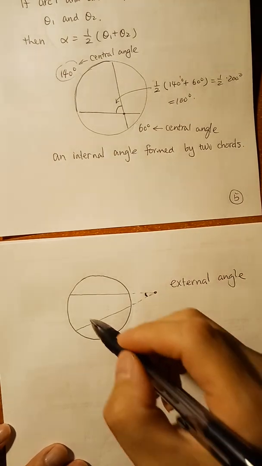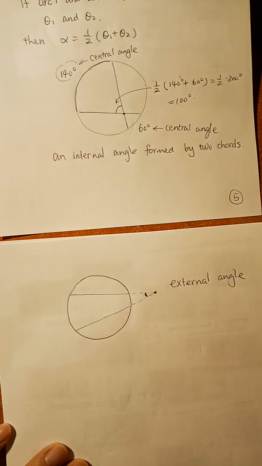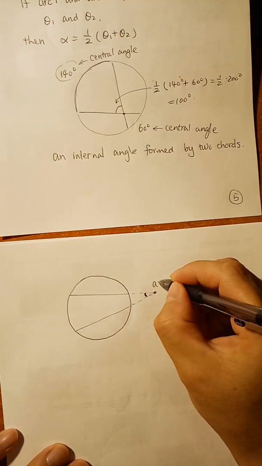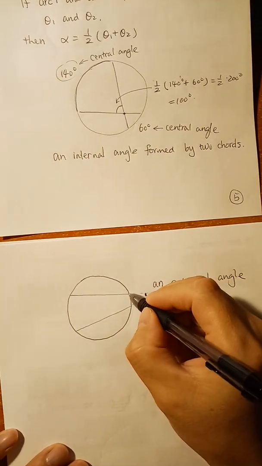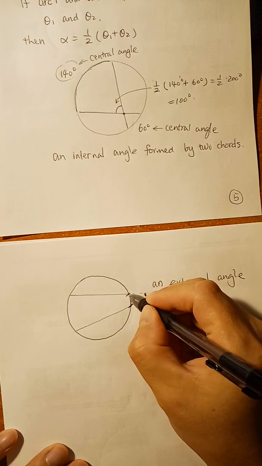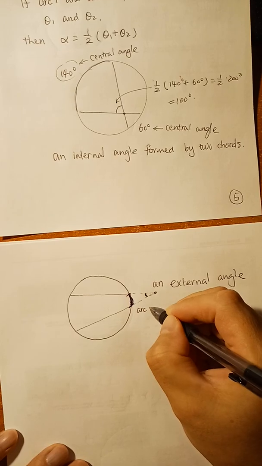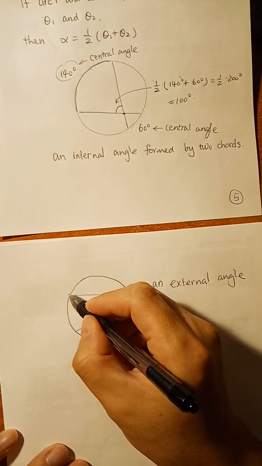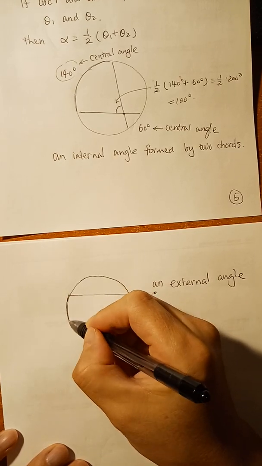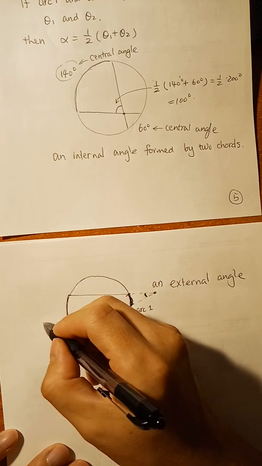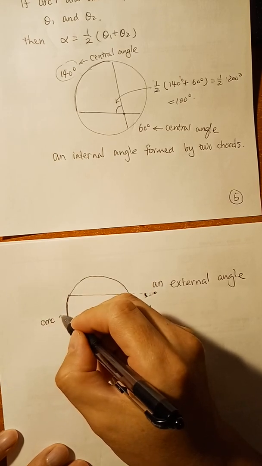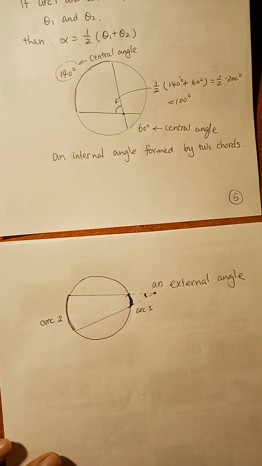Internal, inscribed, outside, external. This external angle again has 2 corresponding arcs. Here you have arc 1. Here you have arc 2. And of course, one is bigger and one is smaller.